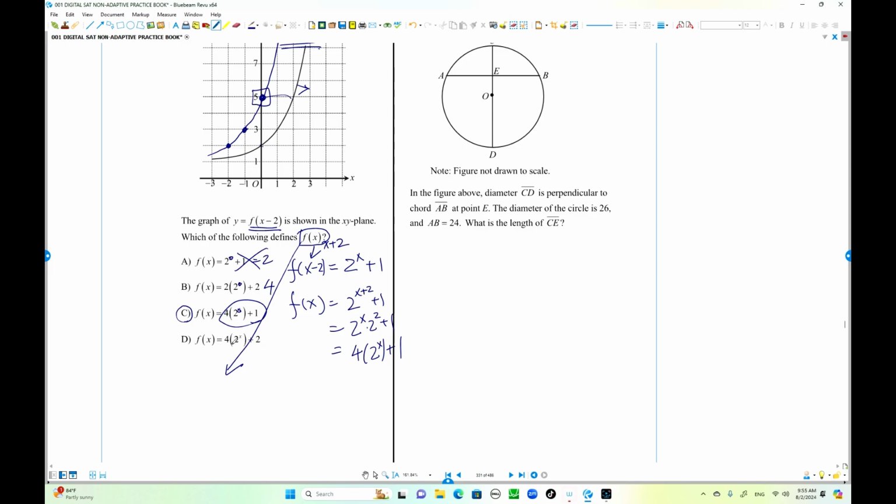When x equals 0, this is 5, okay? You can choose the answers using that method too, okay? But you gotta be careful. F of x is the graph moved to the left by 2, okay?